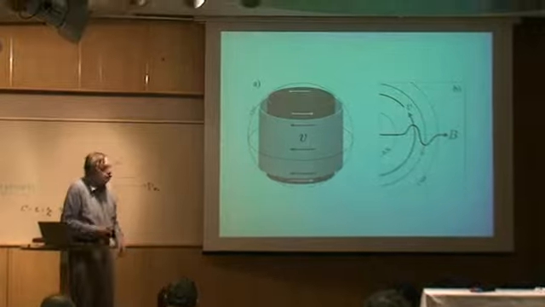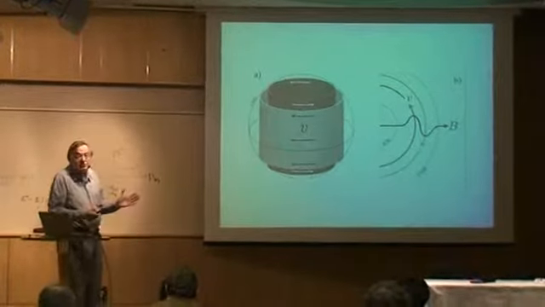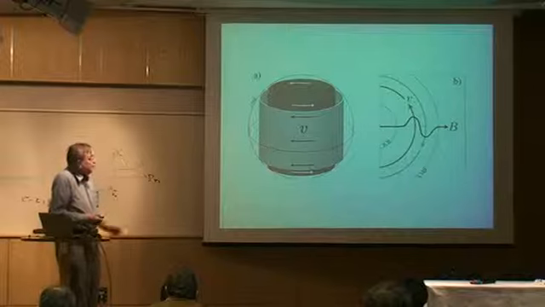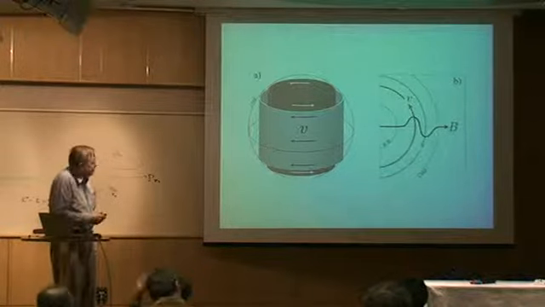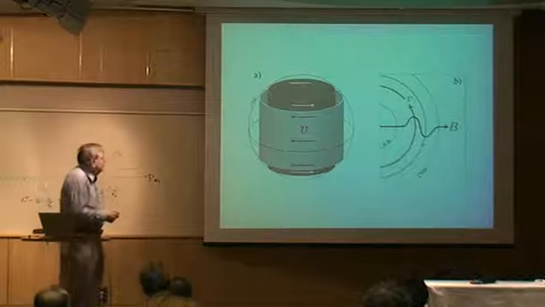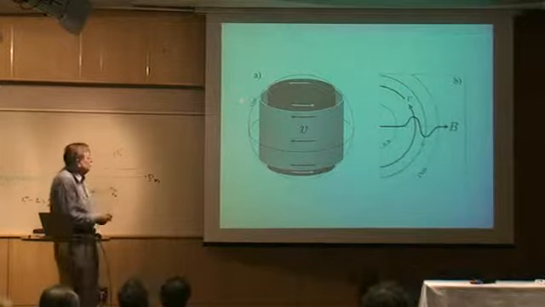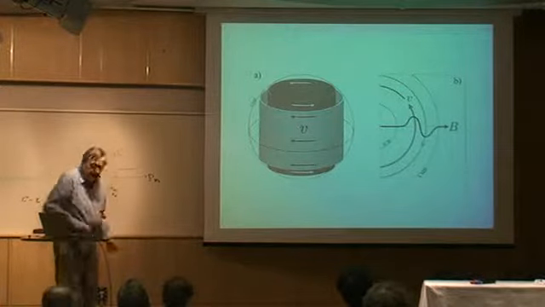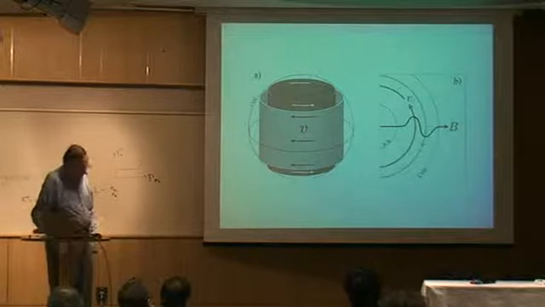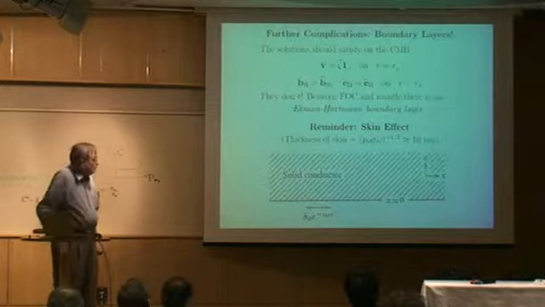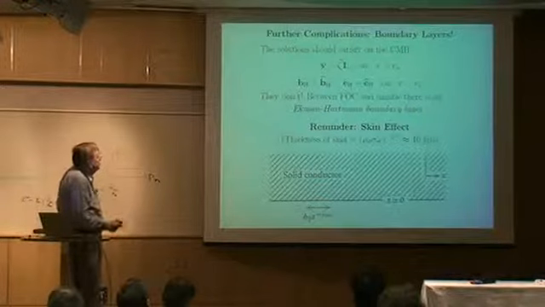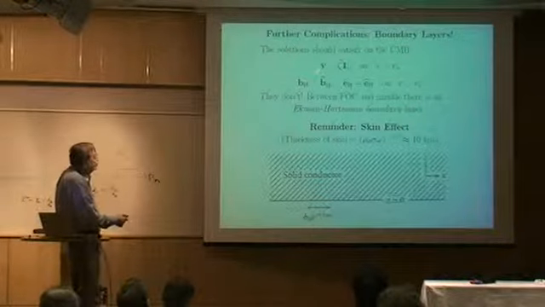You have to match the field here to a potential field in the mantle. The mantle is a poor conductor of electricity, so essentially it's coupled to a potential field, more or less. And so things have gone badly wrong at the boundary, and that means that you should satisfy these conditions.